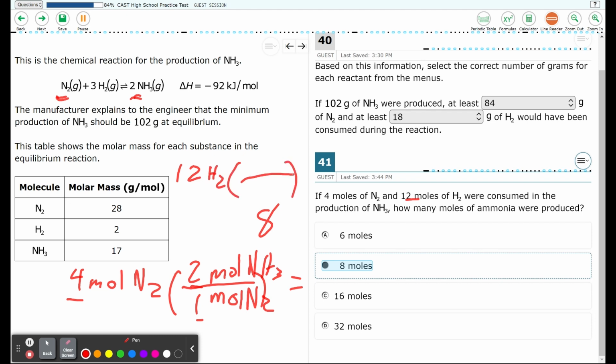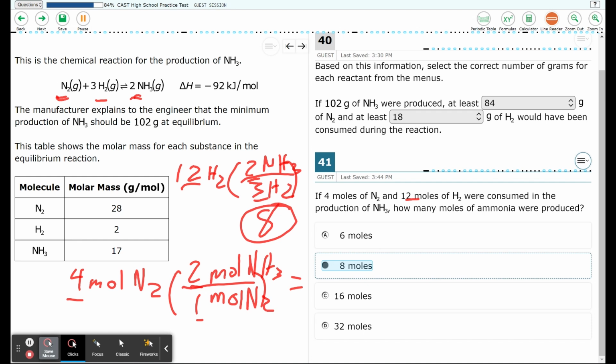And we are converting here, and we know that 3 H2s become 2 NH3s. Again, each of these should say moles. So we take 12 times 2, that's 24, divided by 3, and we also get 8. So that means our choice will indeed be 8 moles. All right, moving on to question 42.